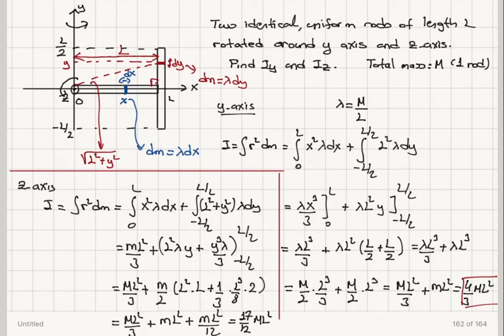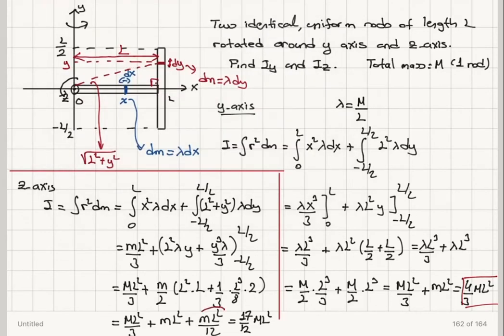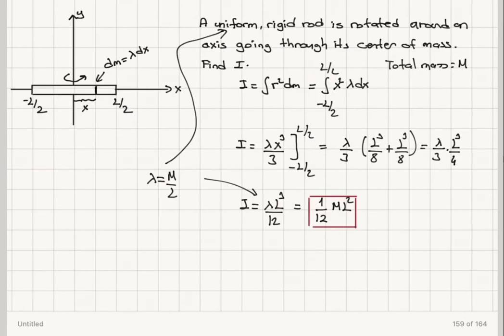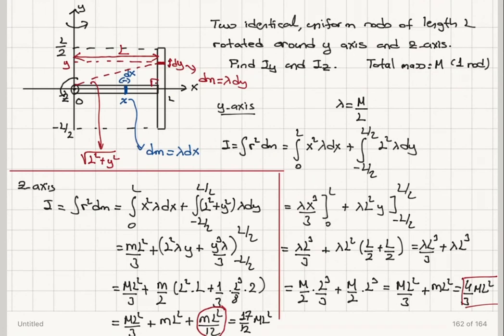Now, the reason I have done this example is because I want you to notice that this ml squared over 12 was the answer we found in one of the previous examples for rotations around the center of mass. So that was 1 over 12 ml squared.